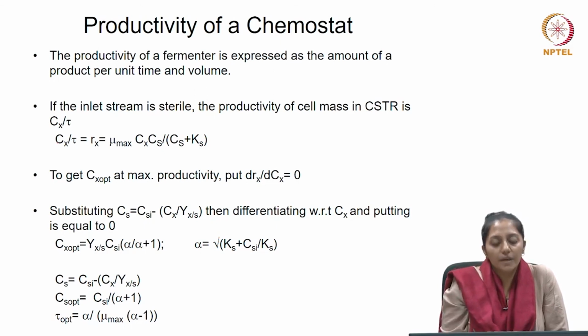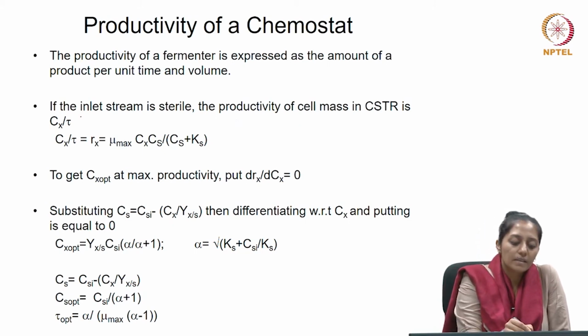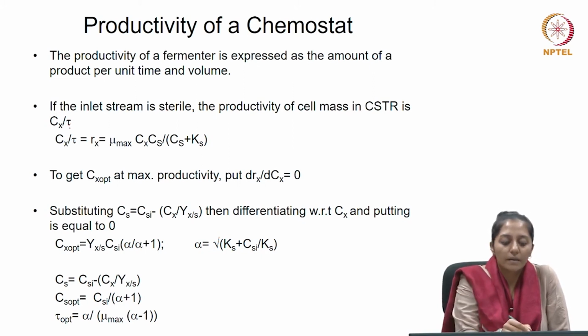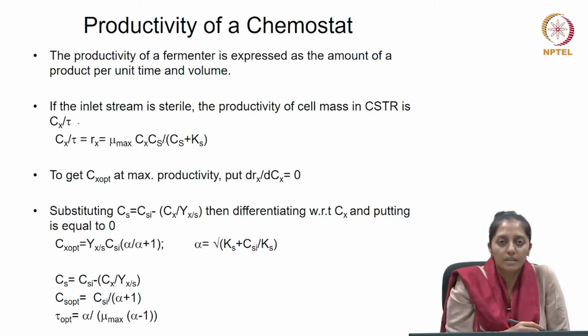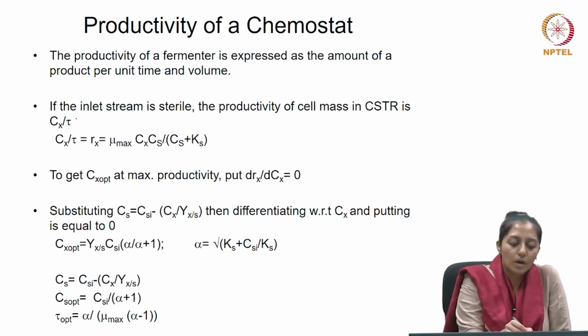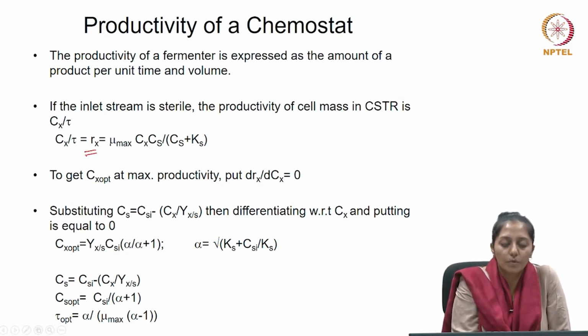If the inlet stream is sterile, as I said earlier, the productivity of cell mass in a CSTR can be given as Cx by tau. Tau is the residence time here. Now, Cx by tau is nothing but your Rx, which was equal to DX, since D is the inverse, 1 by tau. Therefore, this is Cx by tau.